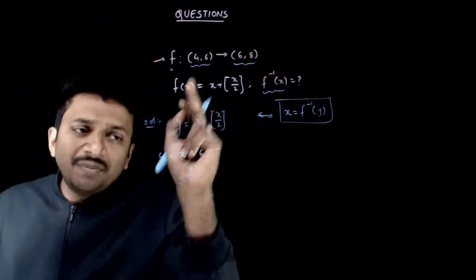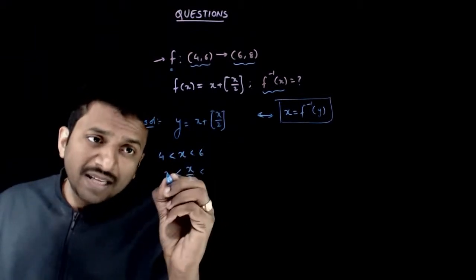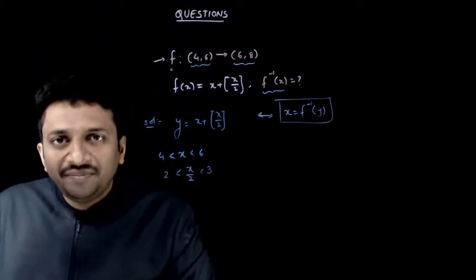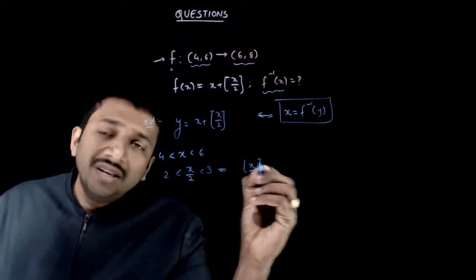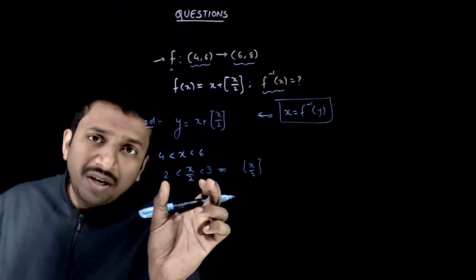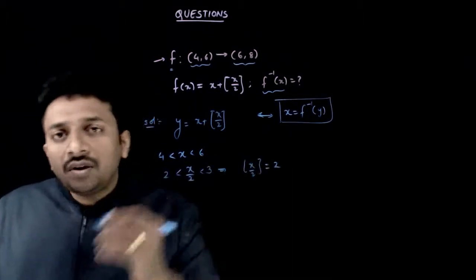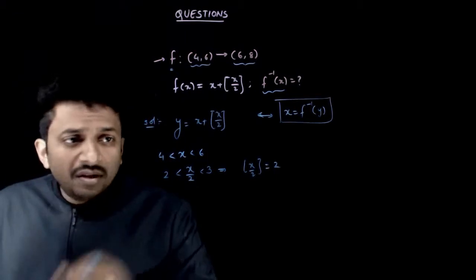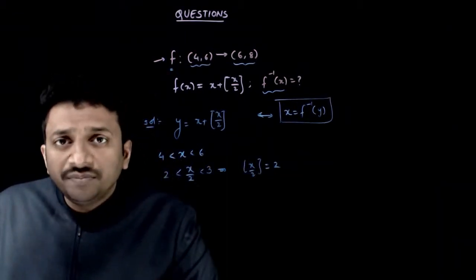If x is in between 4 and 6, this x by 2, which is inside the integer part, lies between 2 and 3. This implies integer part of x by 2. If x by 2 lies in between 2 and 3, can I say that integer part of x by 2 will always be equal to 2 without exception? For every number between 2 and 3, integer part of x by 2 has to be equal to 2.